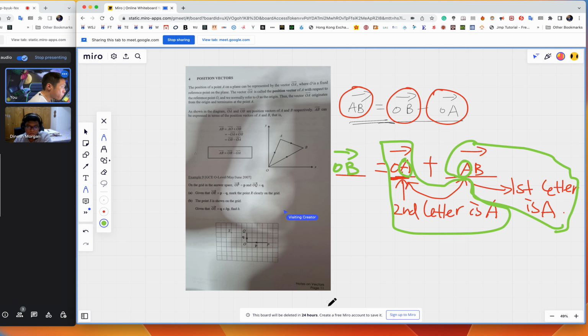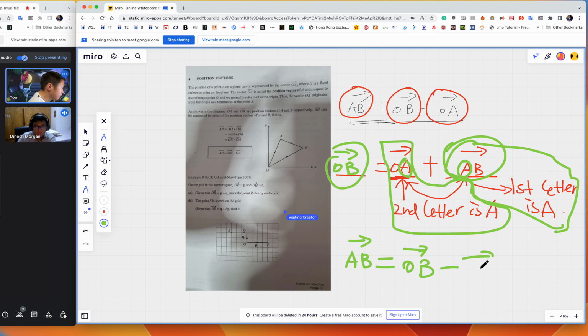Of course I can derive on the spot, because you have OB equal to OA plus AB, right? So your AB here is actually equal to OB minus your OA. Does it make sense to you? But memorizing this is an extra burden on your brain.